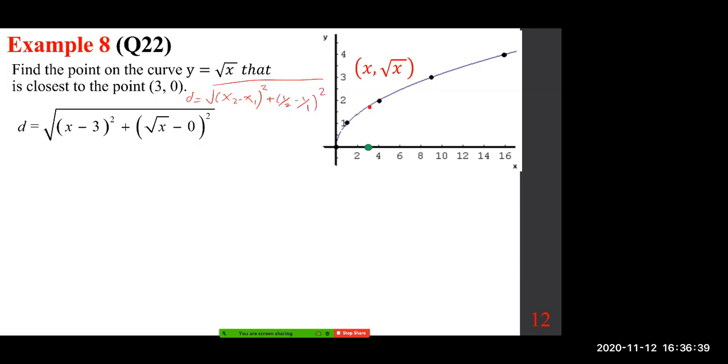Distance formula, everybody. All right, it is easier to work with d squared.